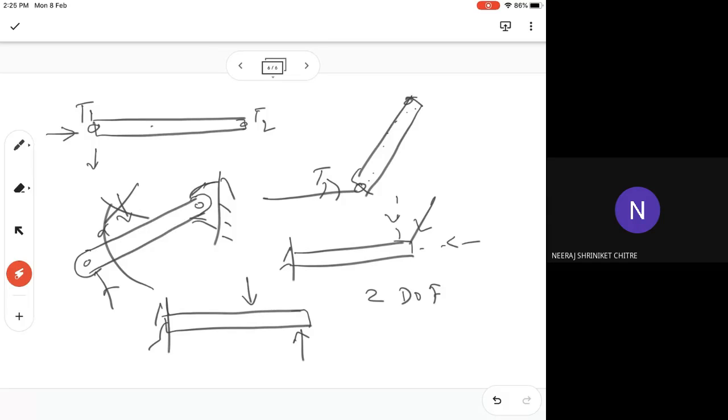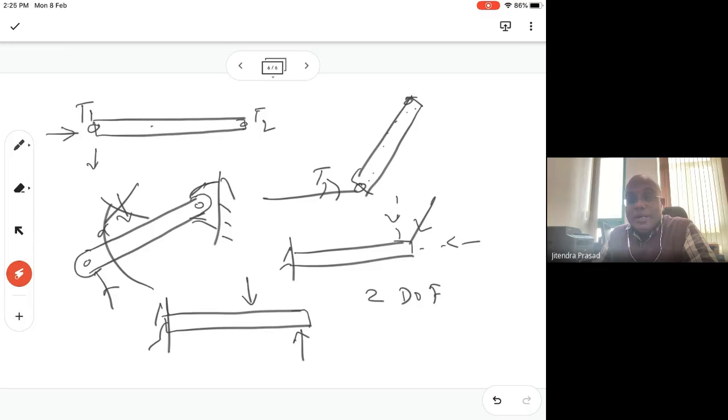Okay, sir. But sir, in this case the independent variable is just x, right? Independent variable is just x. Yes, true. But here the forces are different.